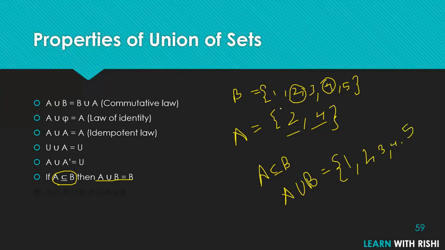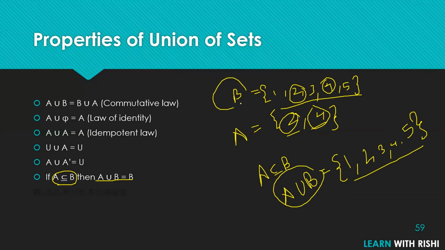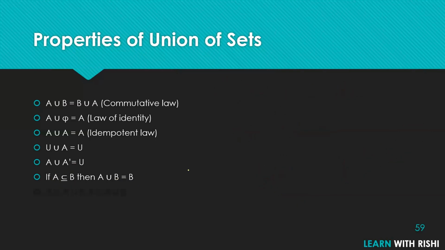These are the elements present in B. And if you observe, 2 and 4 are already present in B, so we are not going to repeat them again. So this will be my A union B. And if you observe, this A union B and set B are the same. So if A is a subset of B, then A union B is equal to B. Similarly, if B is a subset of A, then A union B will become A.